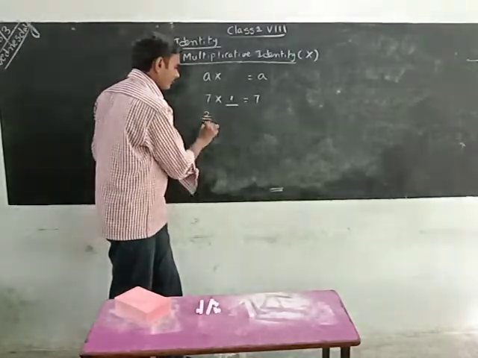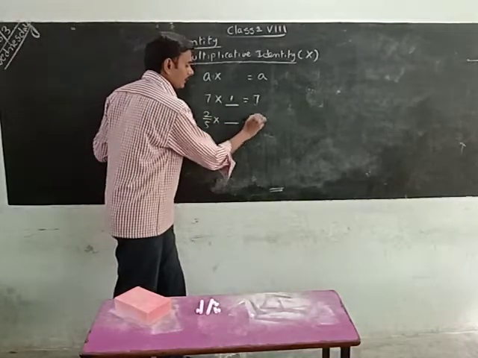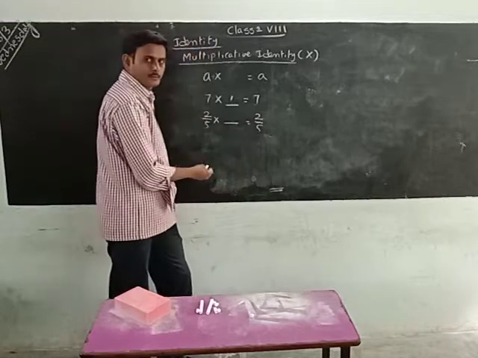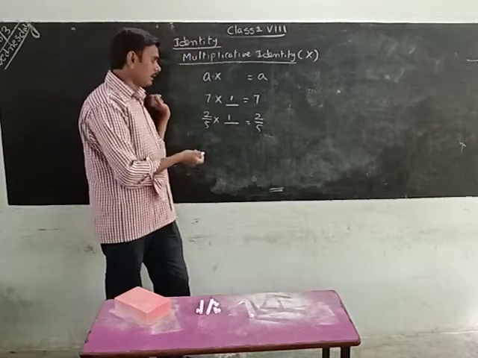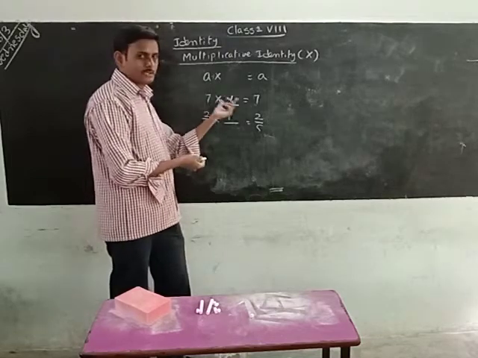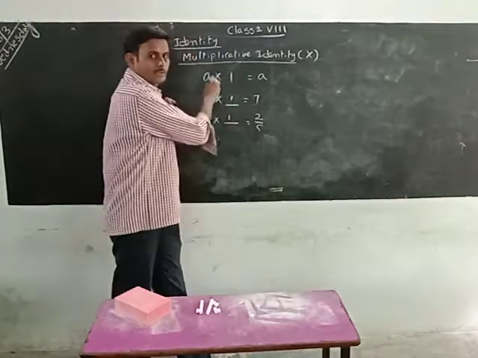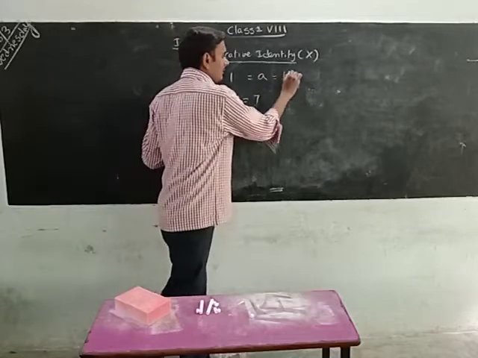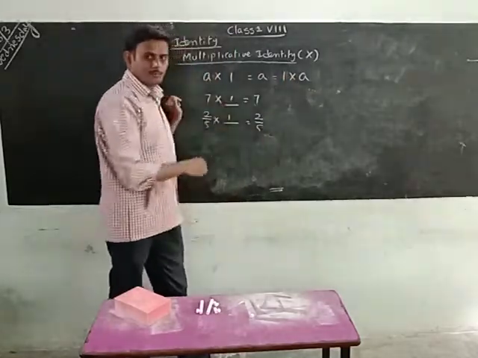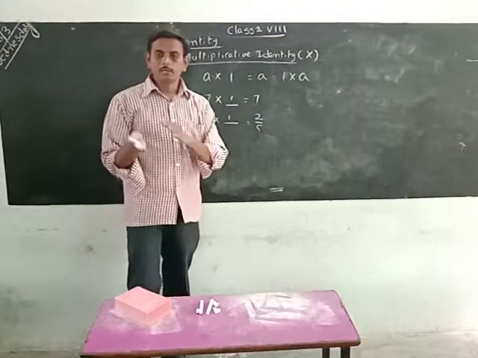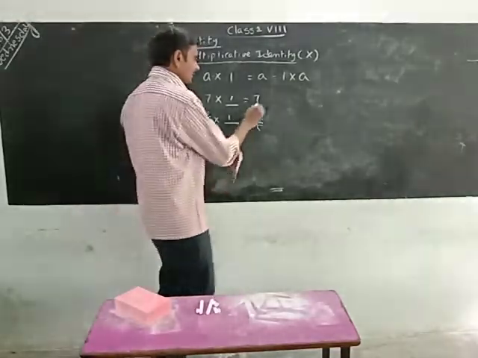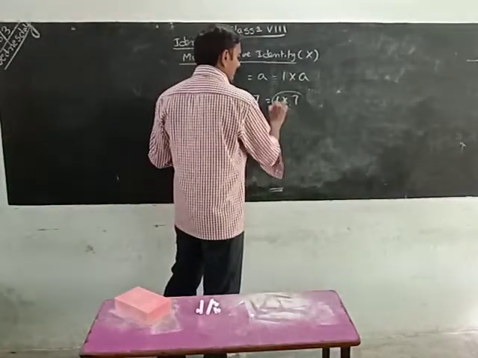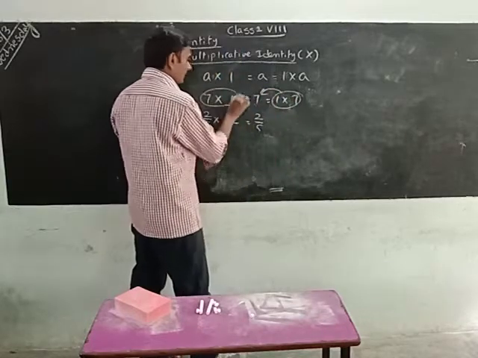Similarly, 2 by 5 multiplied by which number will give 2 by 5? 1 by 1, and 1 by 1 means 1. So if we change the order, A multiplied by 1 equals A, and 1 multiplied by A gives A only. 1 multiplied with any number gives the same number only. 1 into 7, 7 only. 7 into 1, 7 only.